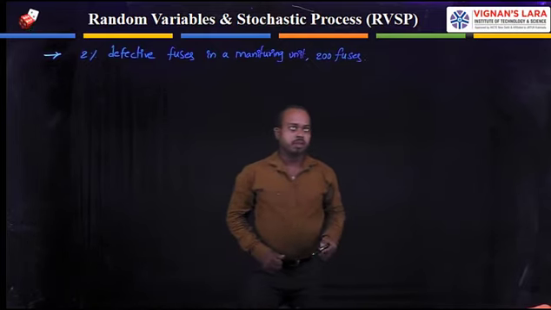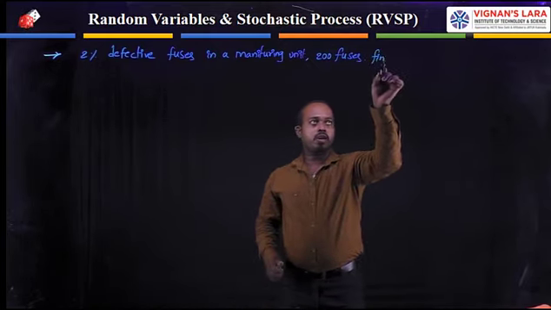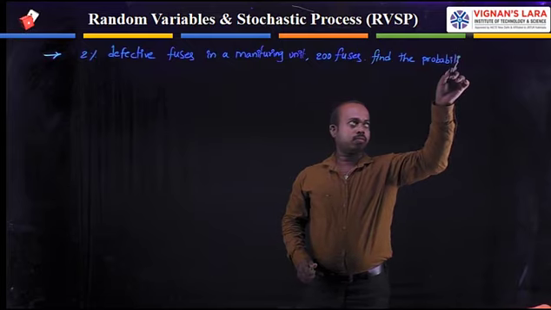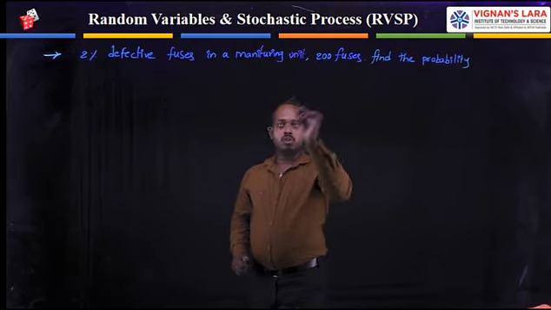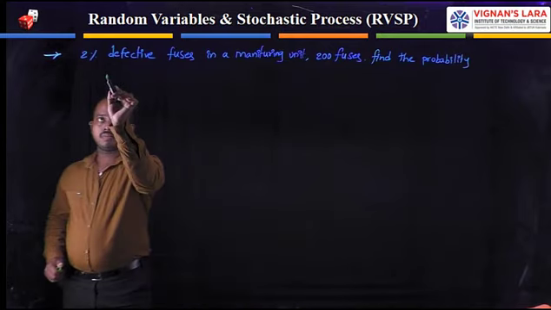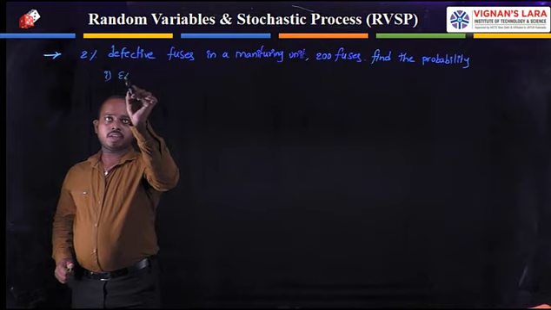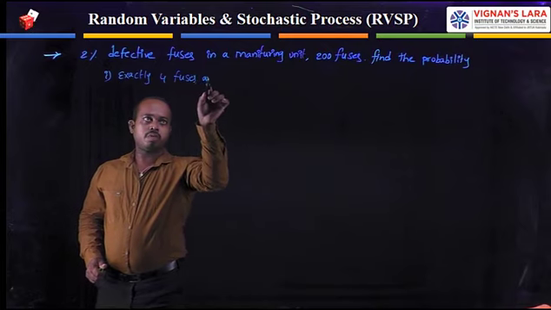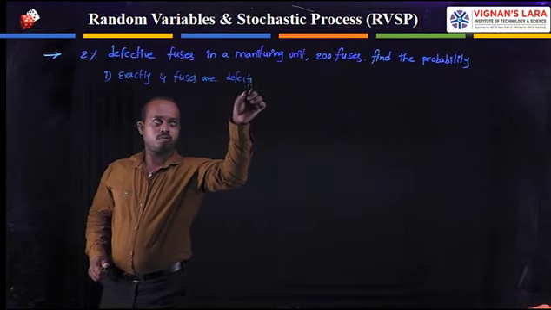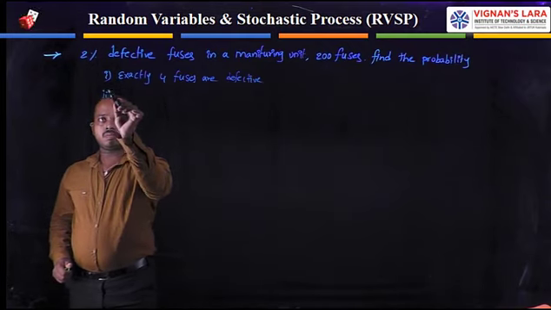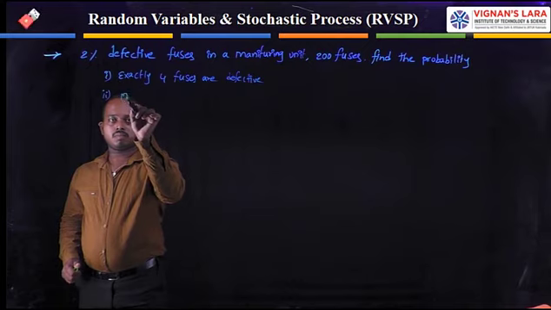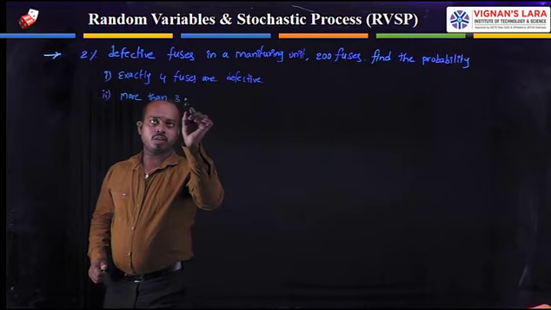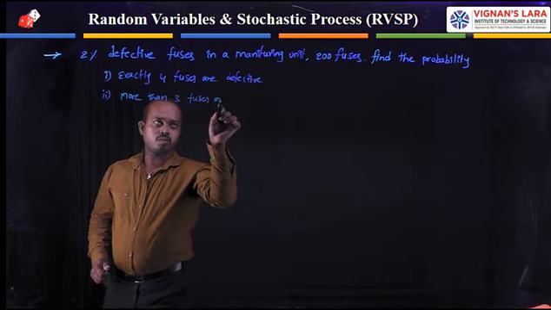Find the probability, first, that exactly 4 fuses are defective, and second, that more than 3 fuses are defective.